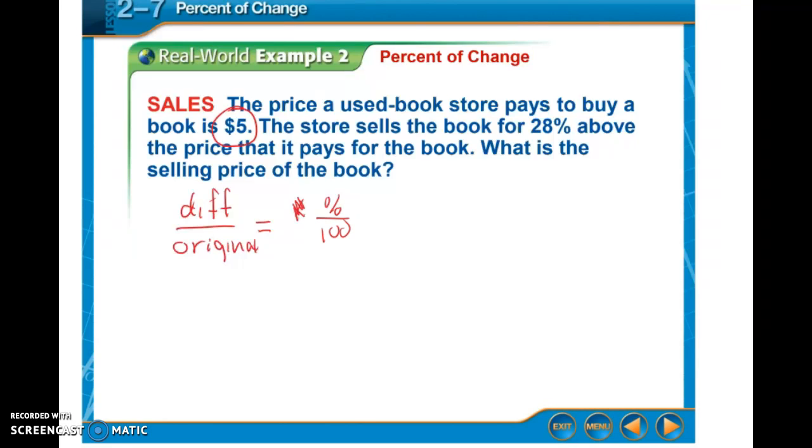Clean that up a bit. All we know about this right now is that 28 over 100 goes here. And we also know that the original is $5.